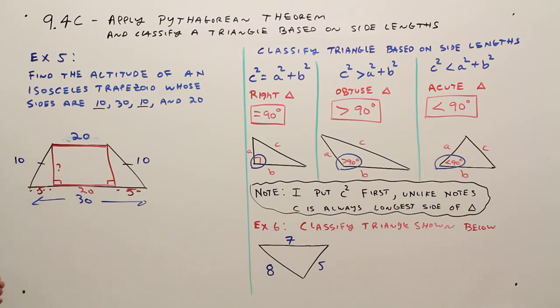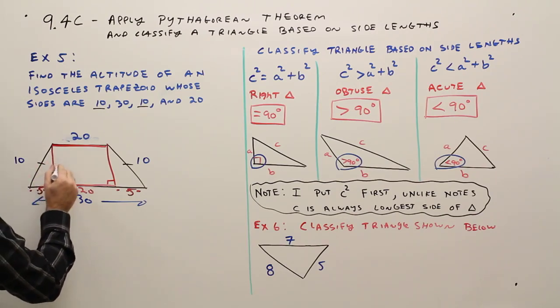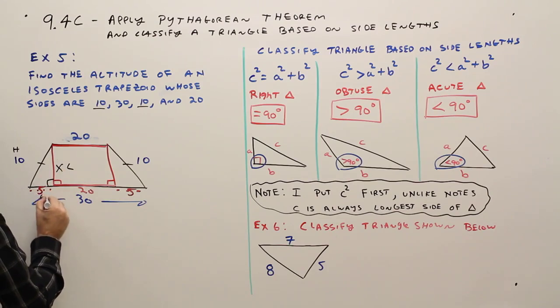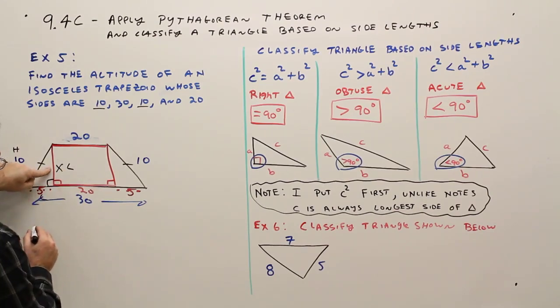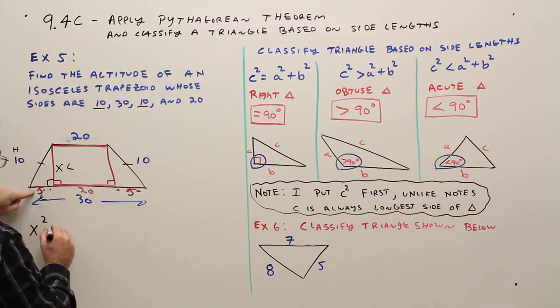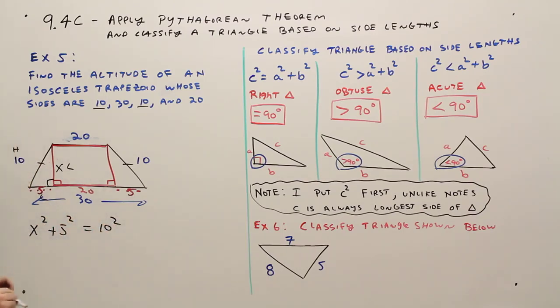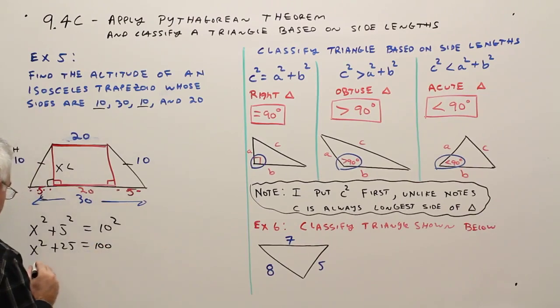All right. Now I simply have a right triangle. I'll call this X. Note that this is the hypotenuse, this is a leg, this is a leg. So now I'm just using the Pythagorean theorem. So leg squared plus leg squared equals hypotenuse squared. X squared plus 25 equals 100.